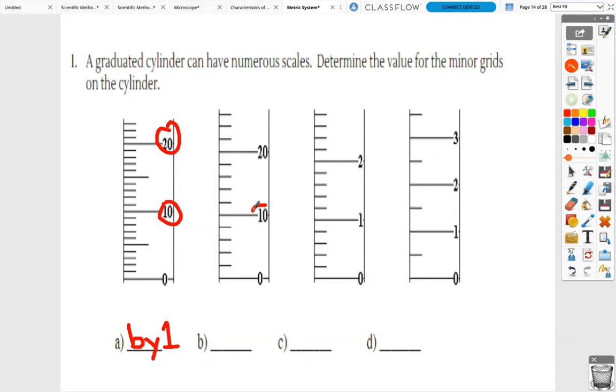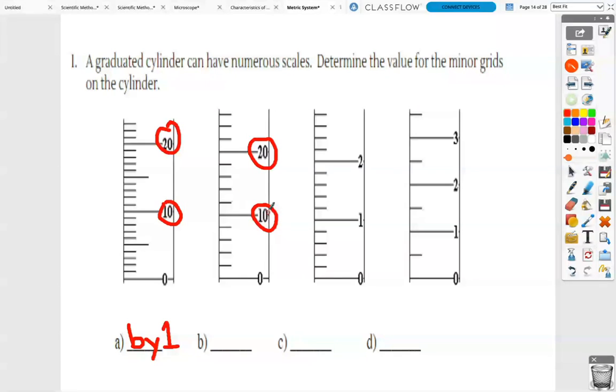Now let's look at this next graduated cylinder. This next one, we have 10 here and we have 20, just like the previous graduated cylinder, but we don't have 9 lines between them, right? So we have 1, 2, 3, 4 lines between them. So let's think about that. What increments could we count by to get from 10 to 20 where we just have 4 increments separating those?